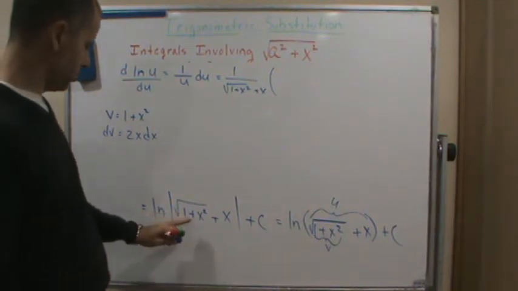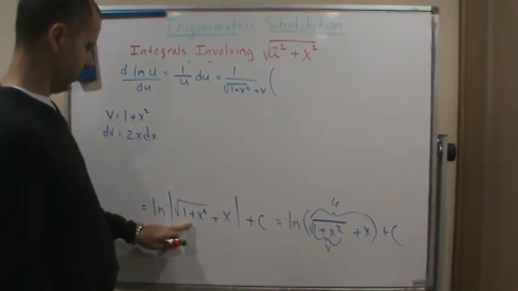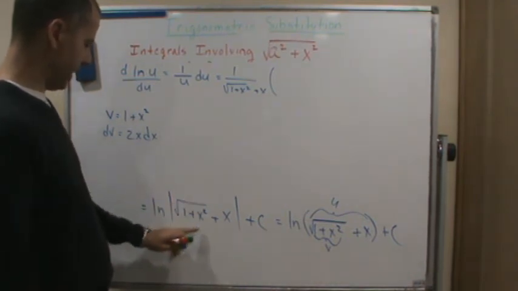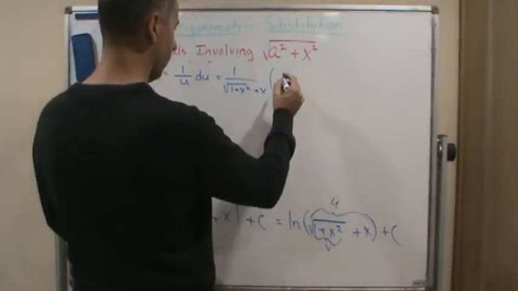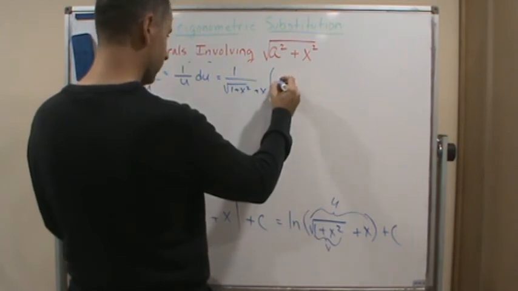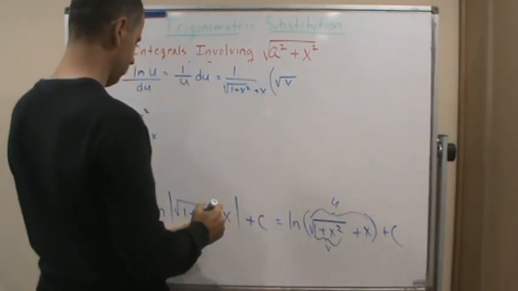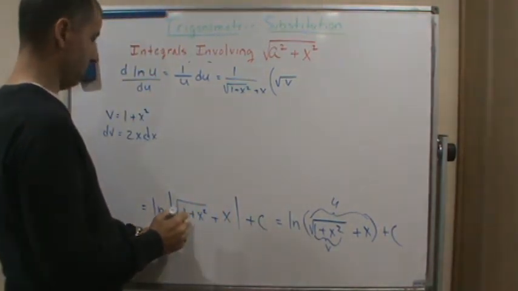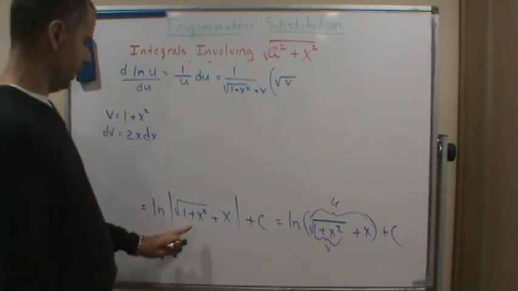So what is the derivative of the outside? Okay. So the derivative of the outside is what? So this becomes, let's rewrite this. So this becomes the square root of v, right? And so what do we get?